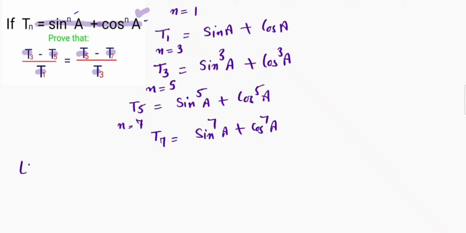Now I'll take my left hand side which is equal to (T3 minus T5) divided by T1. Now I'll put all the values of T1, T3 and T5 in this.